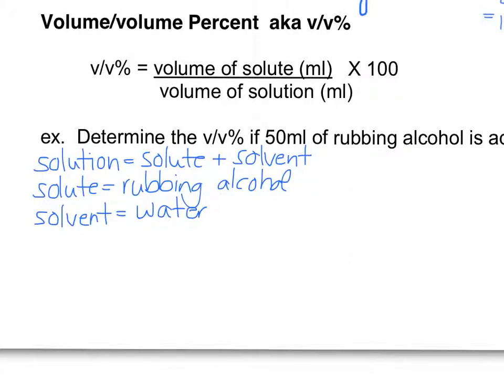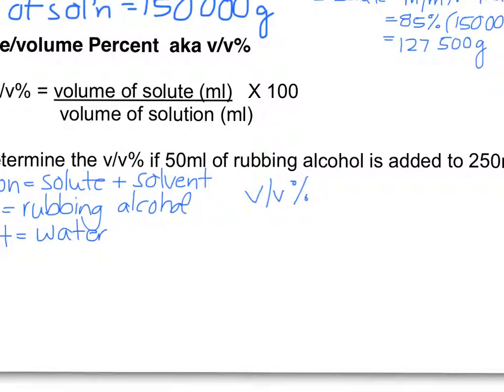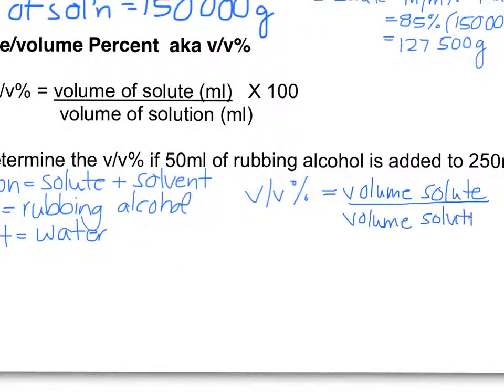So to get the volume to volume percent, I need volume of solute over volume of solution. Almost said solvent, but it's not.